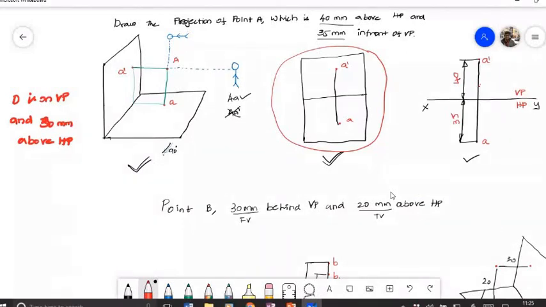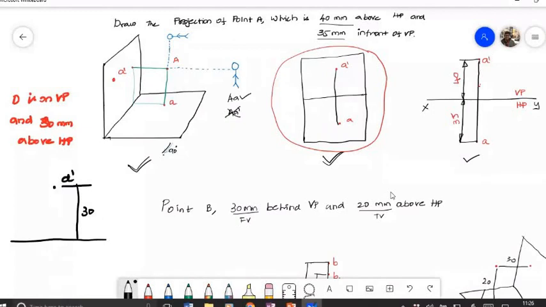First and second. So let's say it belongs to both first and second. You can choose any one quadrant. Let's say the first quadrant. The point itself is on VP. If you see the front view of this, that is 30 mm. What is the name of the point? Front view is D dash. So you will see this 30 mm. When you see the top view, you will get the point.